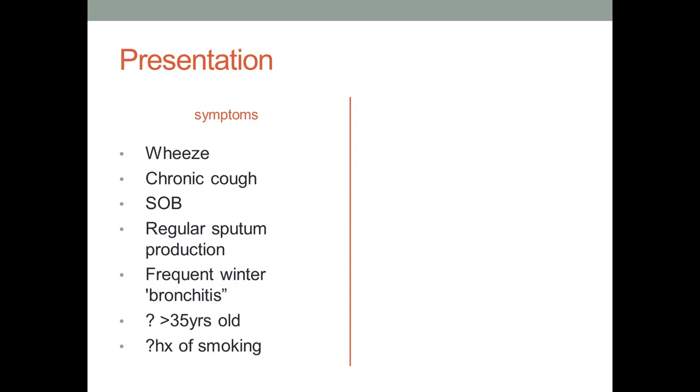Both can have wheeze, chronic cough, shortness of breath, regular sputum production, frequent winter bronchitis, and the asthma patient will be younger, while the COPD patient will be more than 40 years of age, and there will be a history of smoking or biomass fuel exposure in COPD.